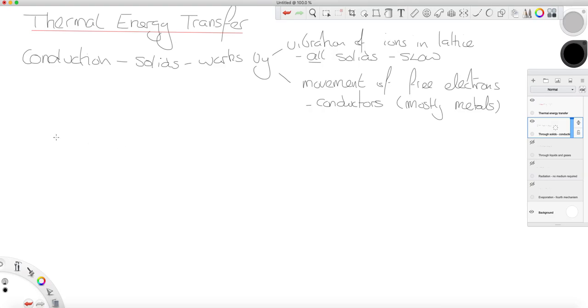So how do we explain conduction? Well, we supply thermal energy to one end of our solid, whether it's a bar or a block or whatever.